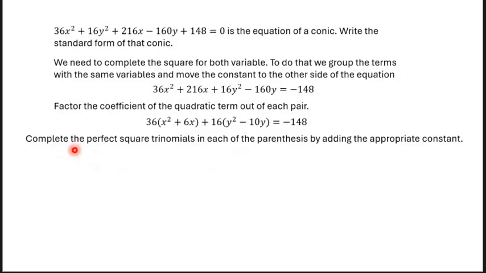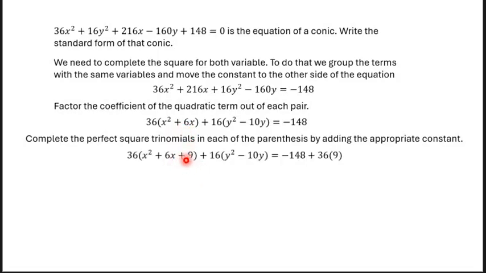And what I'm going to do is complete the perfect square trinomials with those binomials in each of those parentheses by adding an appropriate constant. For instance, in the first case, x squared plus 6x, the appropriate constant to add would be half of 6 squared. Half of 6 is 3, and 3 squared is 9. So inside of this first parenthesis, if I want a perfect square trinomial, I'd add 9.